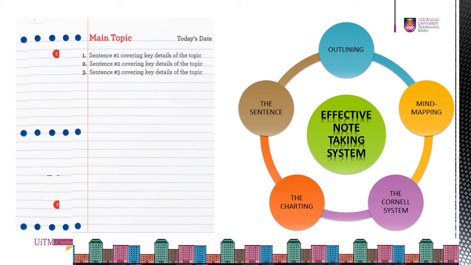So when they read back their notes, they can feel that the lecturer is delivering the lecture. It's very detailed. So this is part of the effective note-taking systems. You can adopt one of them or you can mix them up, to suit the notes that you want to take.